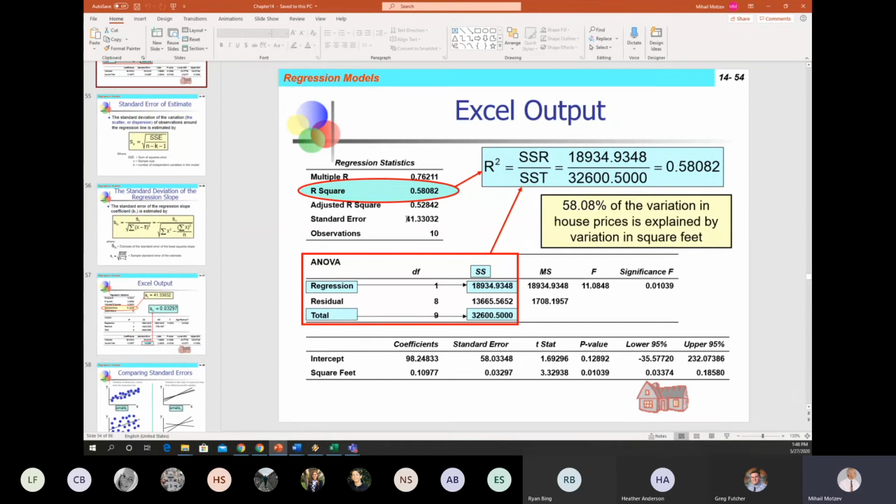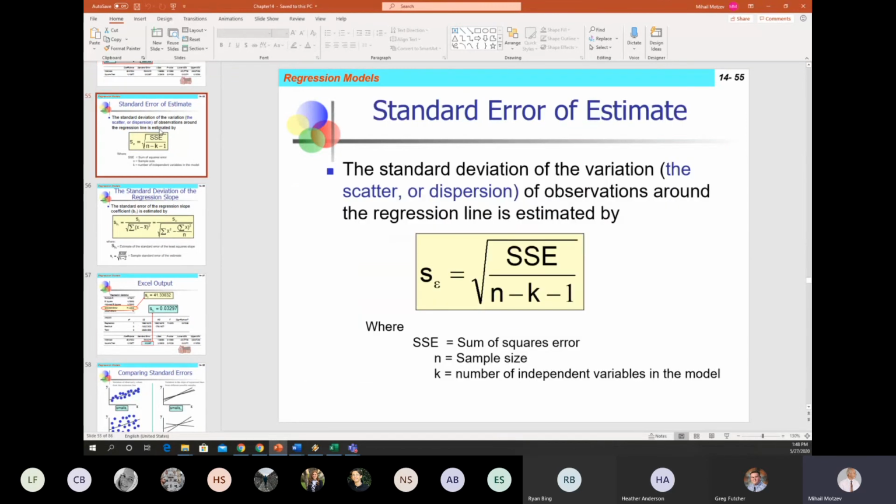This is the standard error of the estimation, which we can calculate as the sum of squared unexplained variation divided by the degrees of freedom.